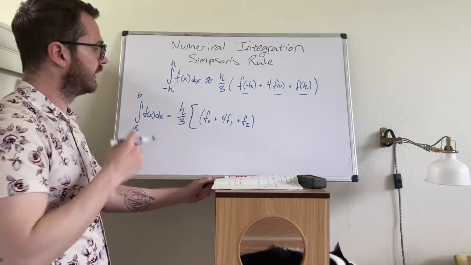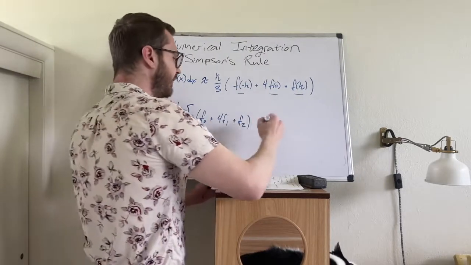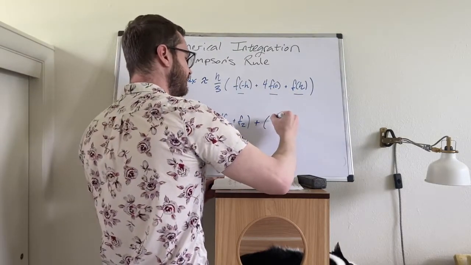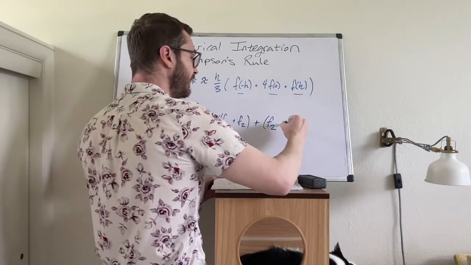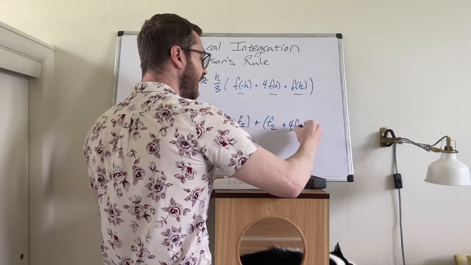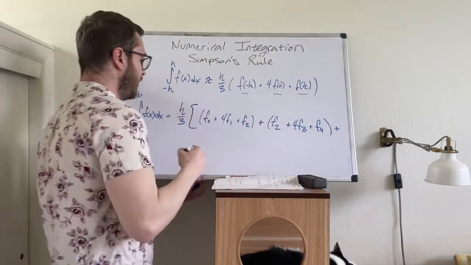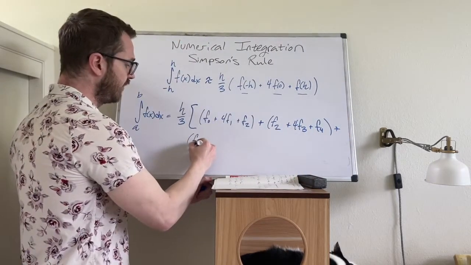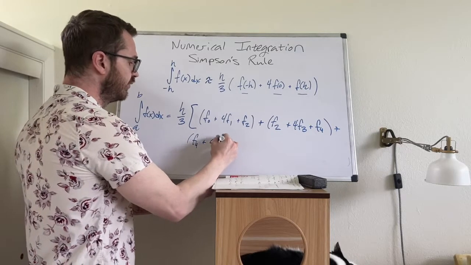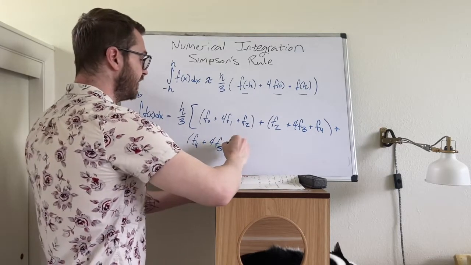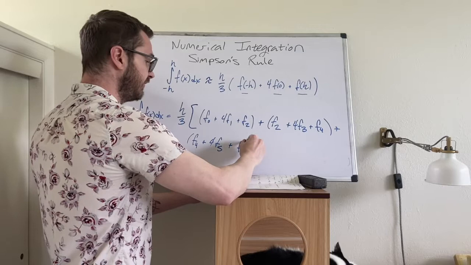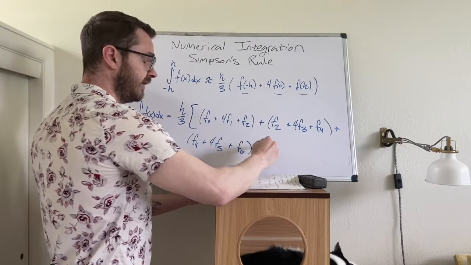Okay. There's that integral for the first section. Next, second section, we would start with f2, go through f3, and end with f4. And then we would start with f4, go through f5, and end with f6, plus dot, dot, dot.